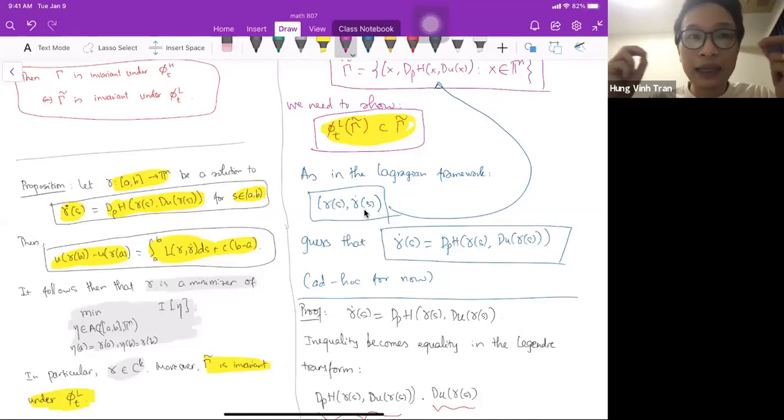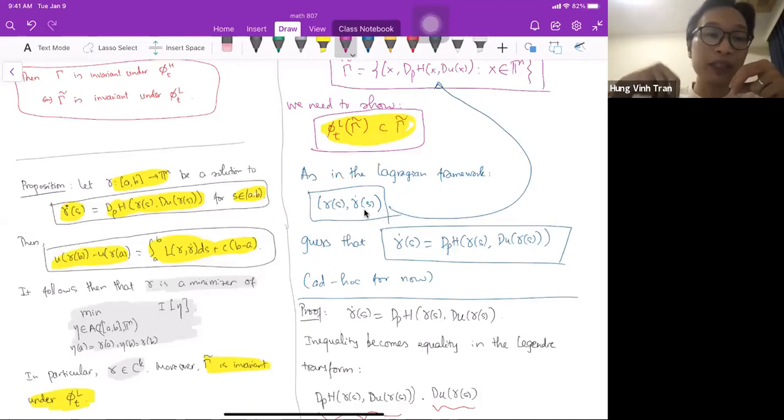But earlier, I don't know the endpoint gamma B. I may know gamma A, the starting point, but I don't know the endpoint, because you can have different solutions to that ODE, and they end up with different endpoints. So it's a very delicate point, and that's a very solid question. This is why this lecture looks very simple, but there are a lot of hidden and weird points.